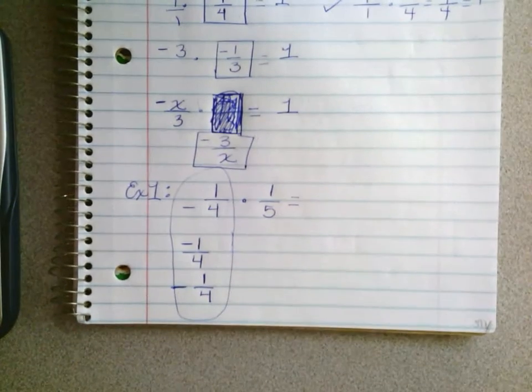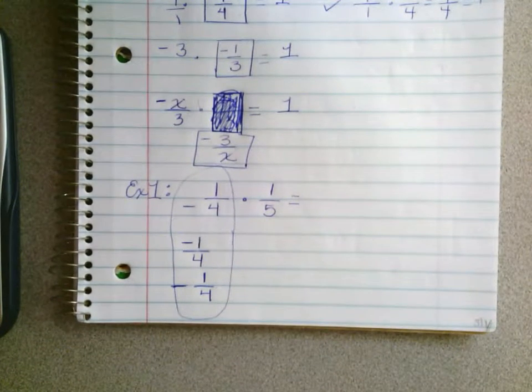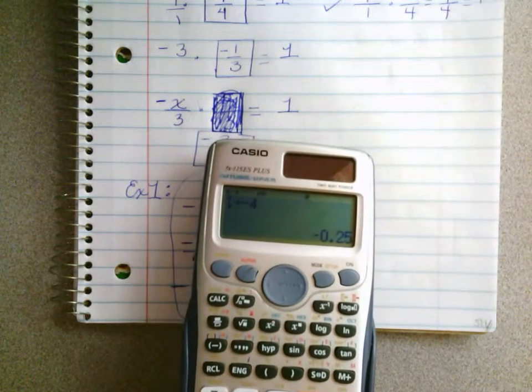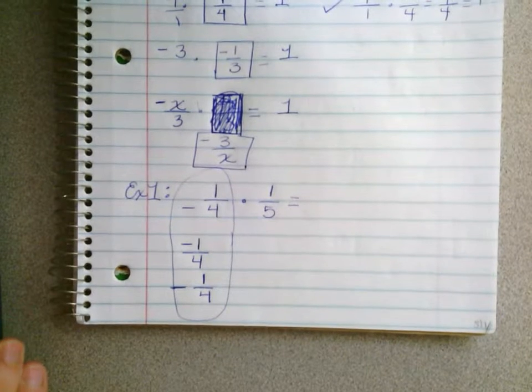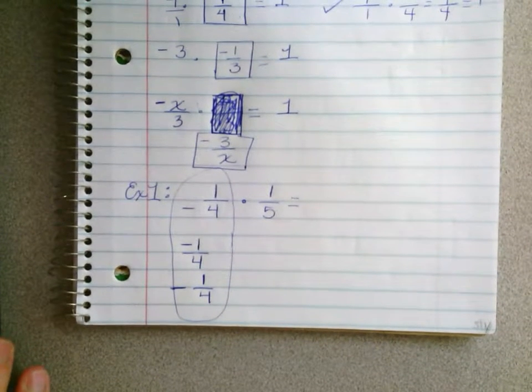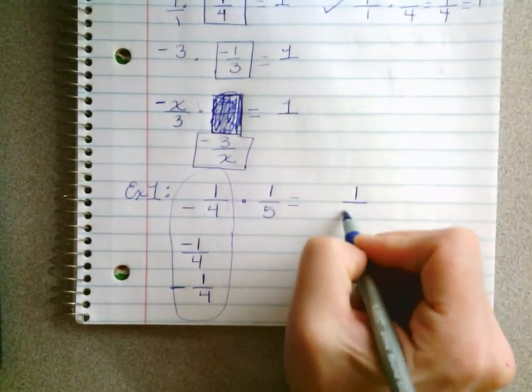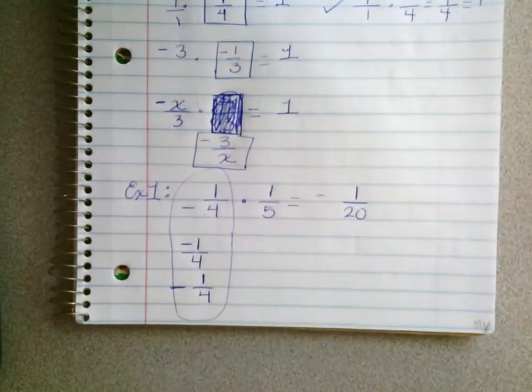When you have a negative fraction, where you drop that negative symbol is irrelevant. All that means is the end result of that division, as we just showed here on the little division that we did in the calculator. The end result is negative. In any case, the result of this multiplication is negative 1/20th.